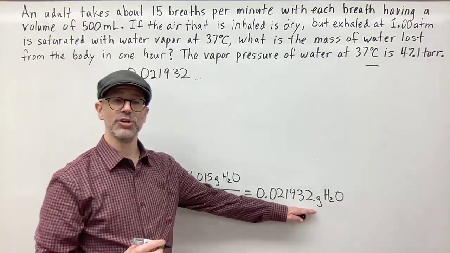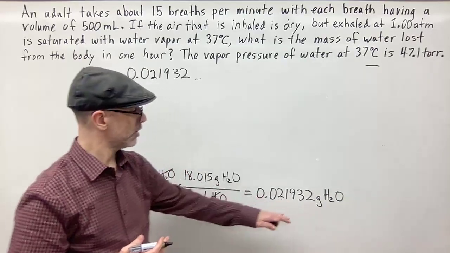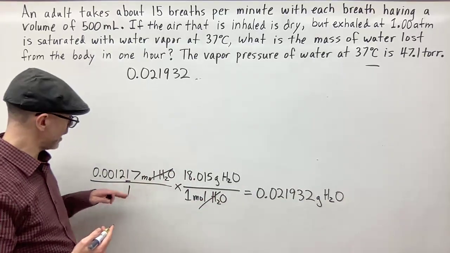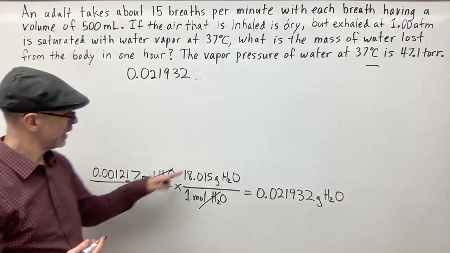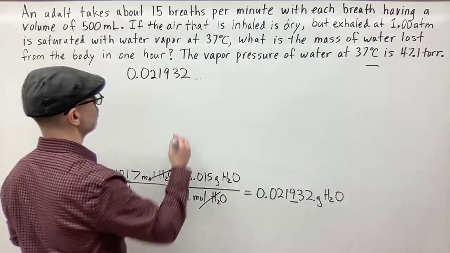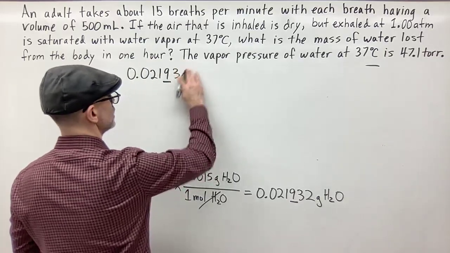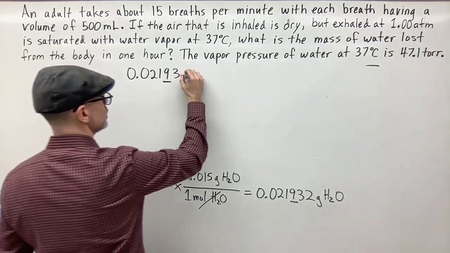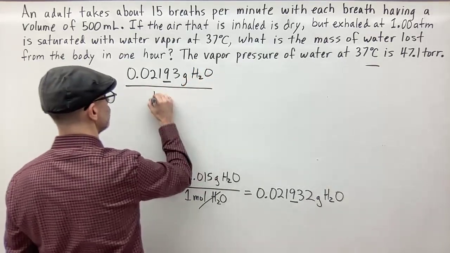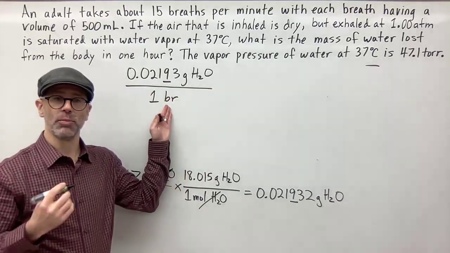So the answer here should have 3 sig figs because, again, your answer should have the same number of sig figs as the least number when you're multiplying and dividing. So here I have 3, here I have 5. So I'll underline the 2, I'll keep the others. Maybe I'll just keep the 3. So this is grams of H2O per 1 breath. BR for breath.